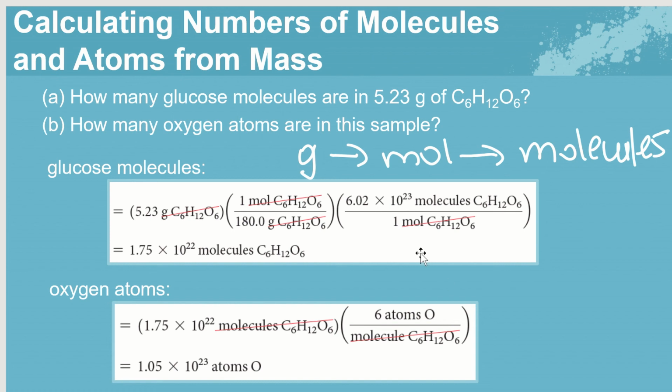So in this case, we're calculating molecules, right? But within the molecule itself, this part is a little bit new. So far we haven't really interconverted between molecules and atoms, right? So we just need to know here that 1 molecule of glucose has 6 oxygen atoms. That's our conversion factor. And once we multiply, we get our number of oxygen atoms.